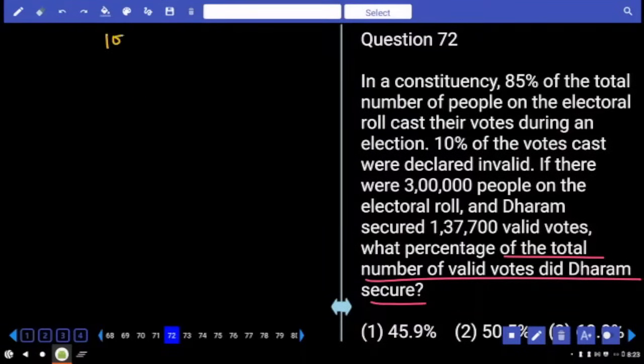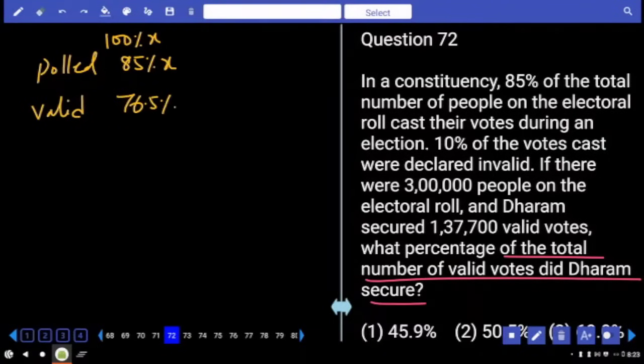If total votes are 100% of X, votes polled are 85% of X. From this 10% is subtracted, which is 8.5 X. Then valid votes are 76.5% of X. Are you okay? What is this X? Total.